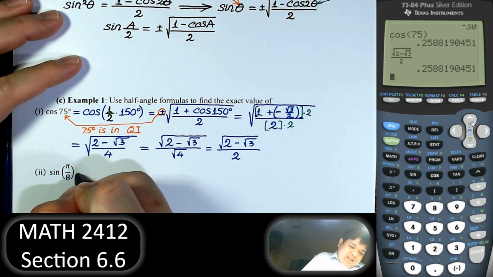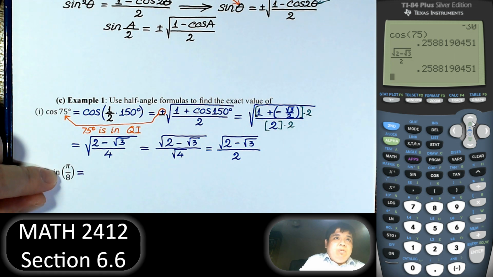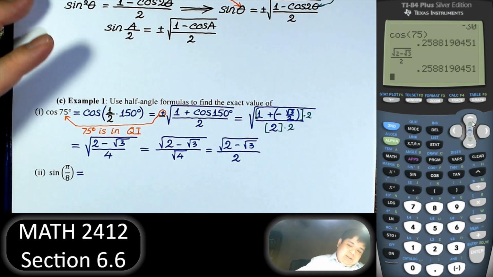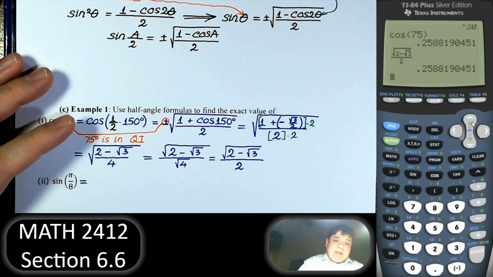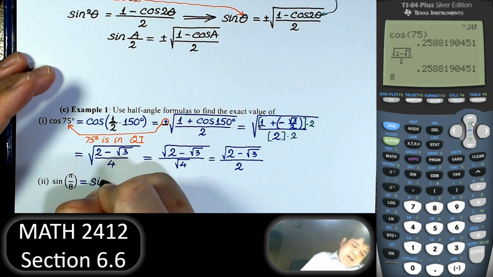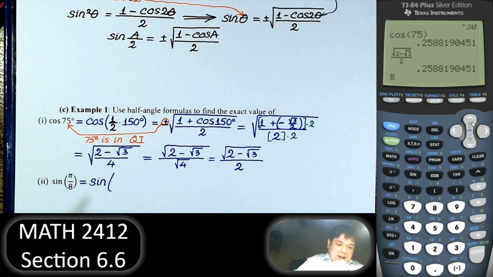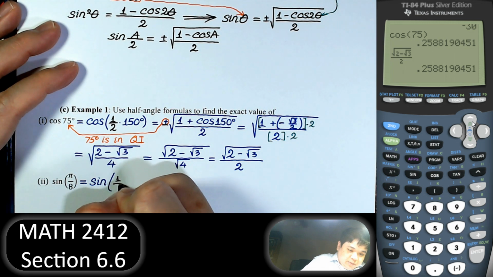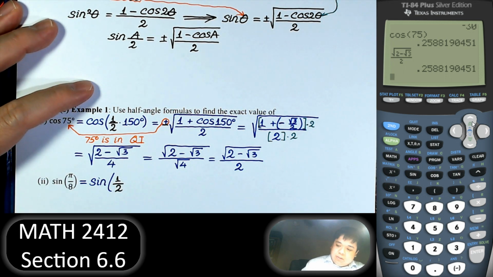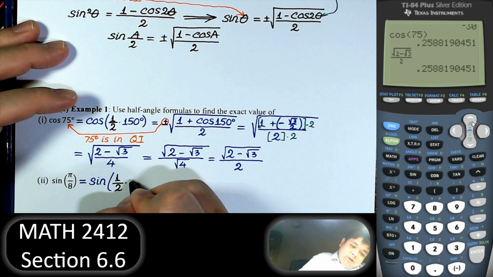Next, sine of pi over 8. Well, what is pi over 8 half of? Pi over 8 is half of pi over 4, right? So I will write that sine of pi over 8 is 1/2 of pi over 4.